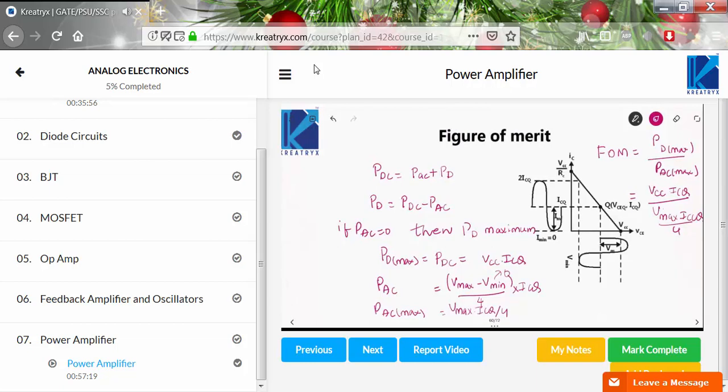But what is this V max? V max is nothing but 2 times VCC. Now what about the FOM? The figure of merit is 2. I think this figure of merit is similar to class A direct coupled, but efficiency is more. Figure of merit is the same, but efficiency is more.